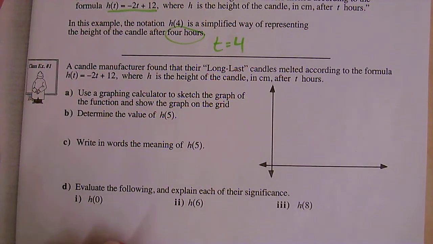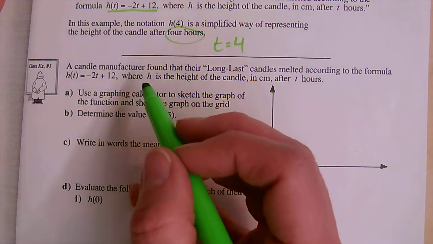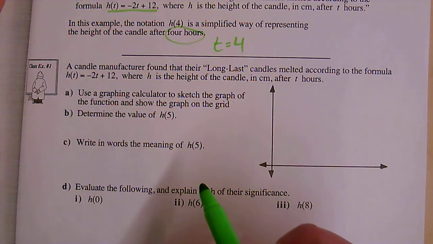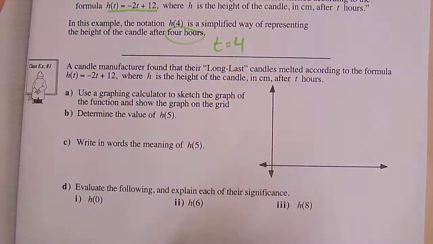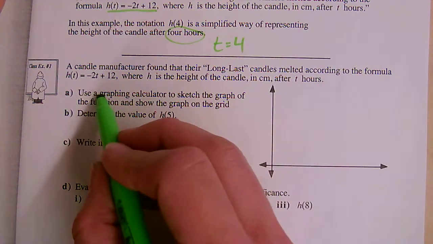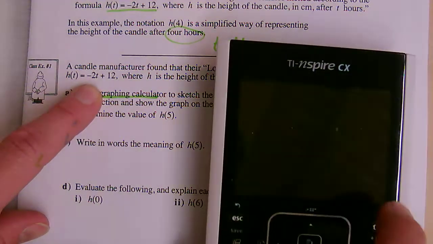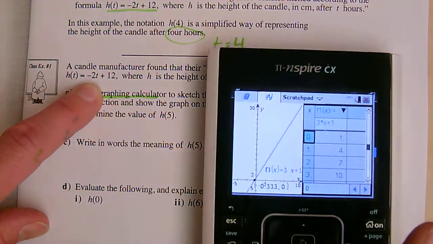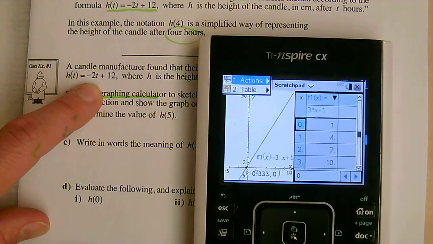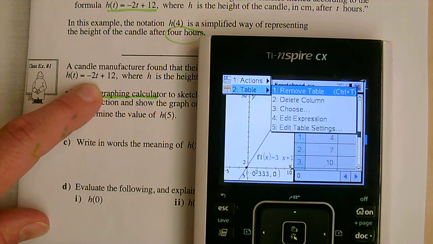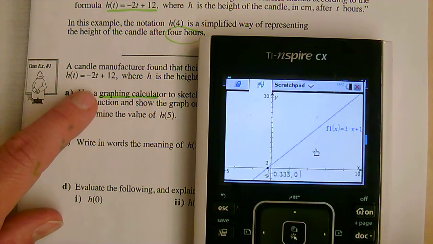A candle manufacturer found that their long-last candles melted according to this formula, where H is the height in centimeters and T is hours. Use a graphing calculator to sketch the graph of the function and show it on the grid. Remember, instead of T's we're putting in X's, because our calculator is programmed to only have X's and Y's.